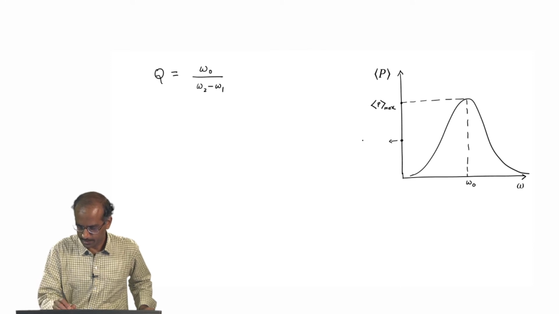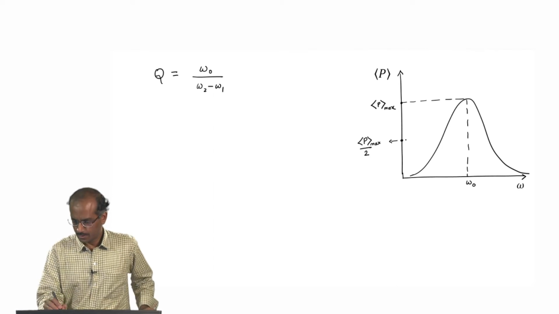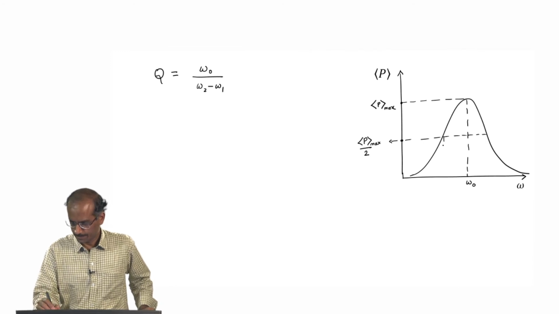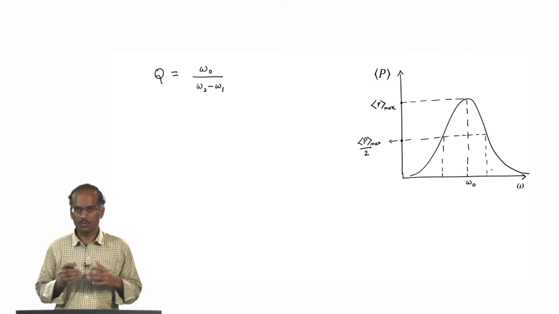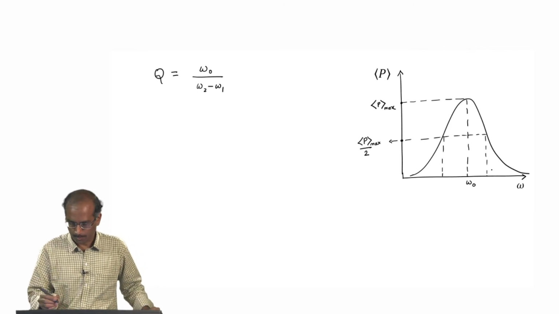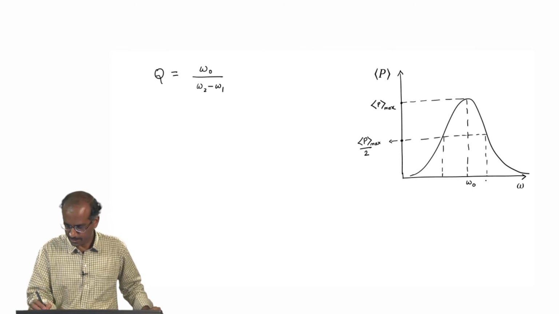This quantity is half of the maximum value, and the two values omega 1 and omega 2 are so defined that omega 2 is this, omega 1 is this.